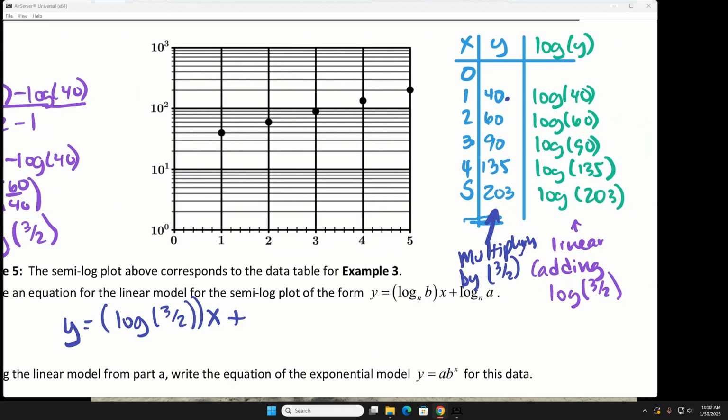All right, so this one didn't give me a y-intercept. I could guess about where it's going to be if I continued this line. But I can actually find it. So if on this column I'm multiplying by 3/2 each time, what would I do to go up? Divide. So someone who has their calculator out, take 40 and divide it by 1.5, please.